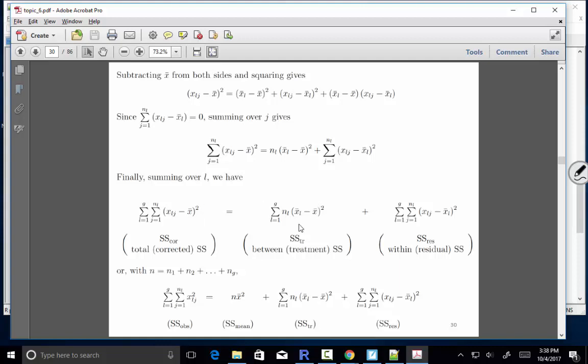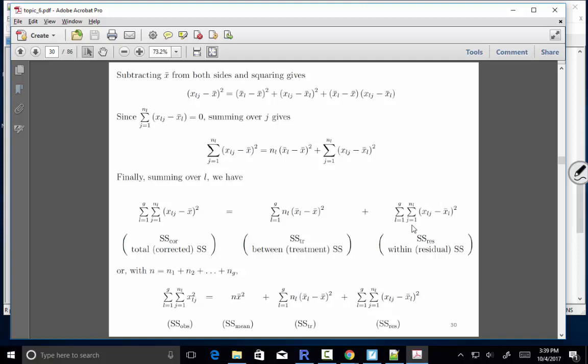The between group looks like a variance of the group-specific means. It's a sum of squared deviations, which is like a variance, but it's comparing the means for each group, x bar L, to the global mean, x bar. So this between group sum of squares is quantifying how different are the group-specific means themselves. What's the between group variation?